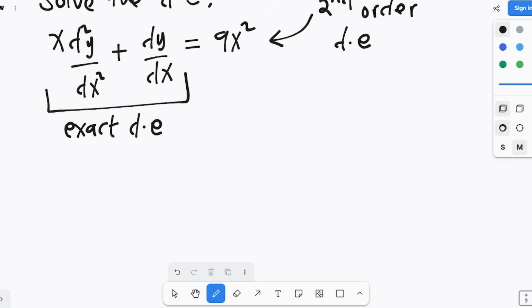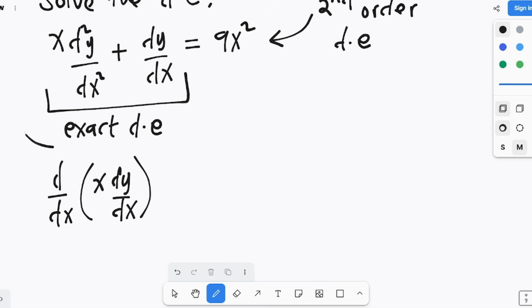So we say that it came from the derivative with respect to x of x dy by dx. When you differentiate x dy by dx, you actually get the exact part above, which is x second derivative plus first derivative, equal to 9x squared. Very nice work.